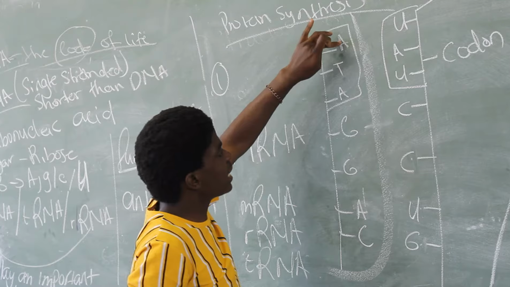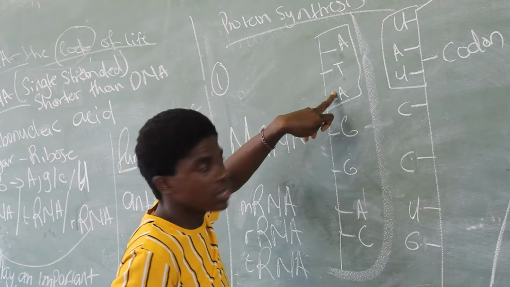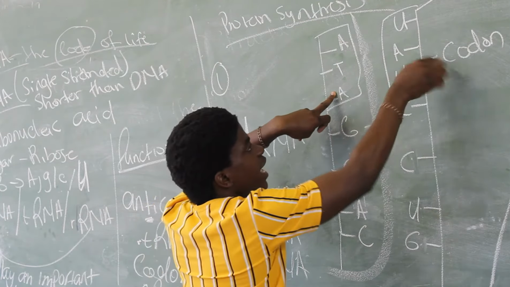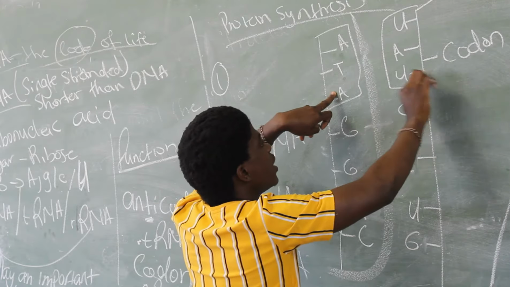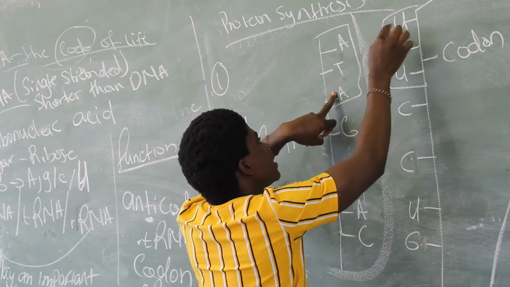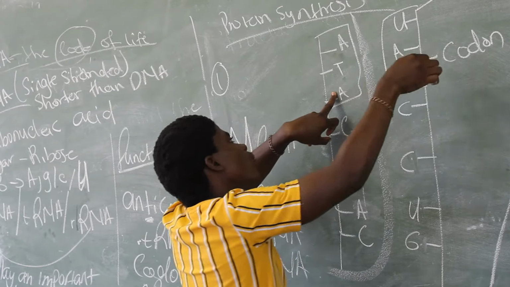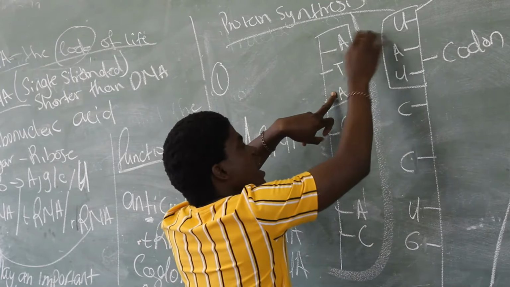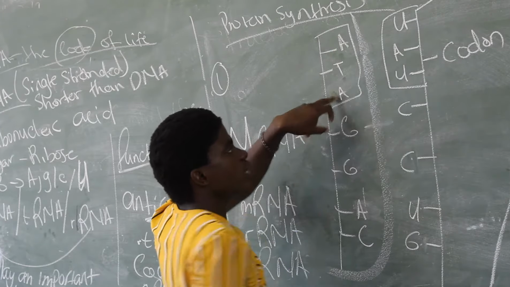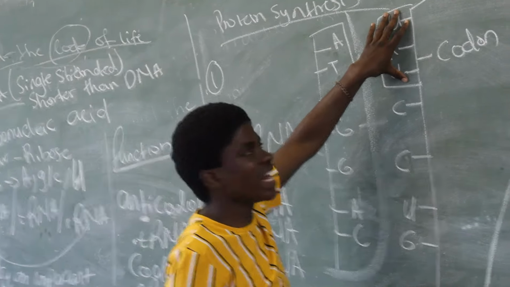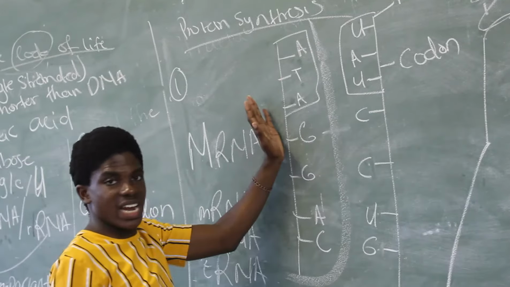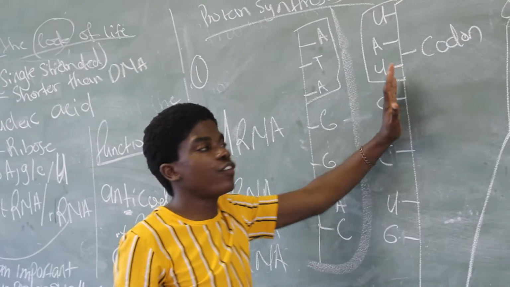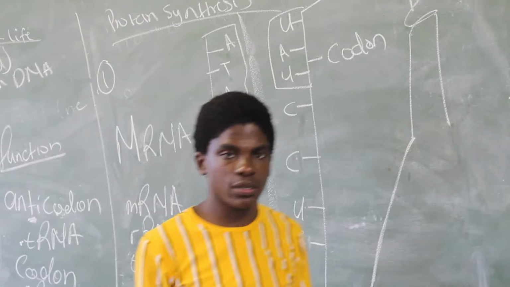Since it's adenine, thymine, and adenine, and then it's forming messenger RNA, it's telling the messenger RNA that these are my triplet bases. Then they should pair like this, so that this is the code that is given by DNA to messenger RNA for the formation of the protein.